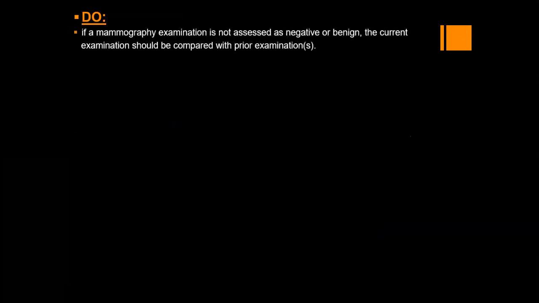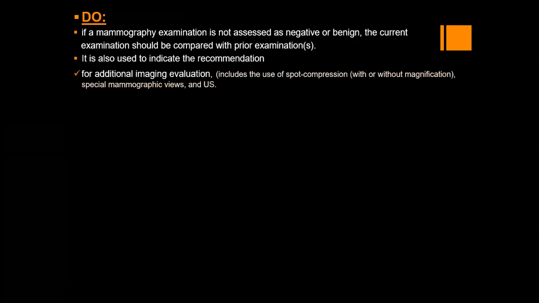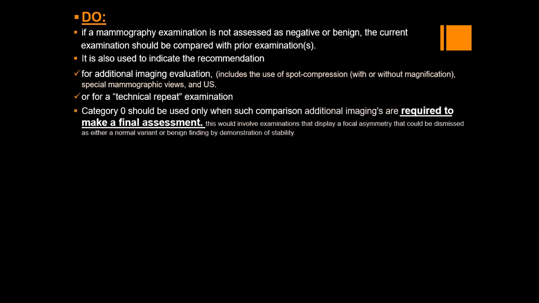If a mammogram examination is not assessed as negative or benign, the current examination should be compared with prior examination. It's also used to indicate the recommendation for additional imaging evaluation, as we said, like use of spot compression with or without magnification or other special mammographic views or ultrasound, and also to be used for technical repeat examinations.